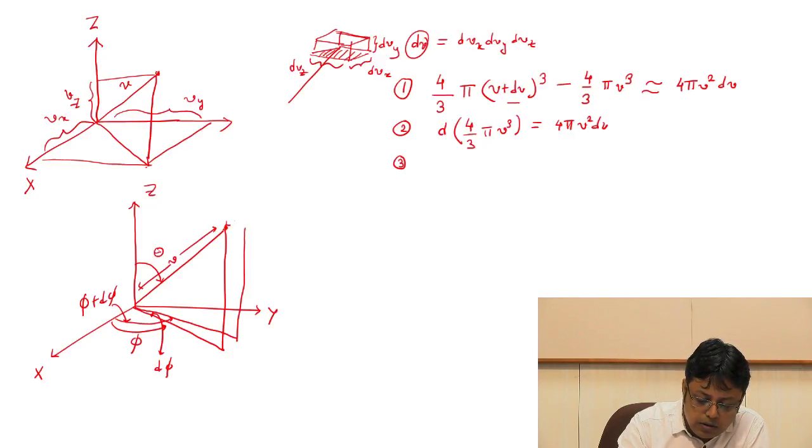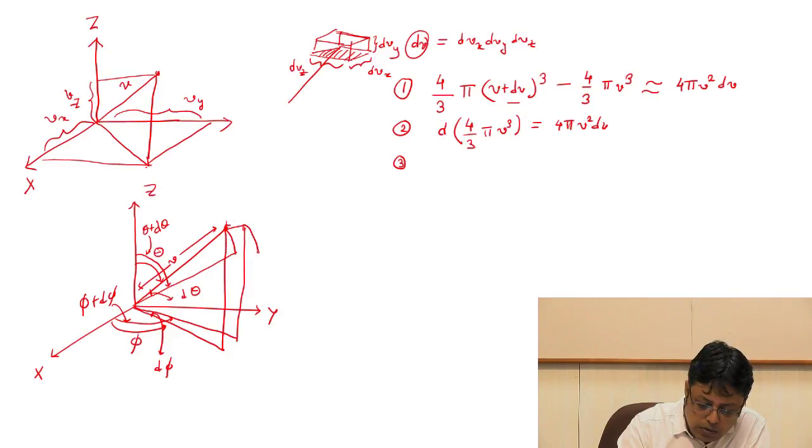So I get some sweep in phi, and then I'm also sweeping down, meaning I'm going from theta to theta plus d theta. This is nothing but theta plus d theta, and this small angle will be d theta.